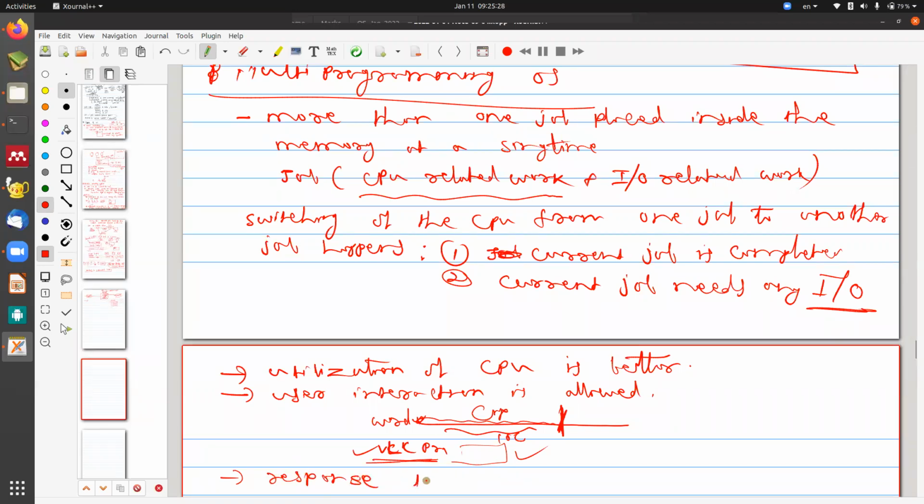Why is the response time not faster? Response time means, suppose I ask, hey ex student, are you there? If you respond quickly, the response is faster. If after 5 minutes you say, sir, present, then the response is slower. Now you tell me, is the response time really faster or slower, and why?